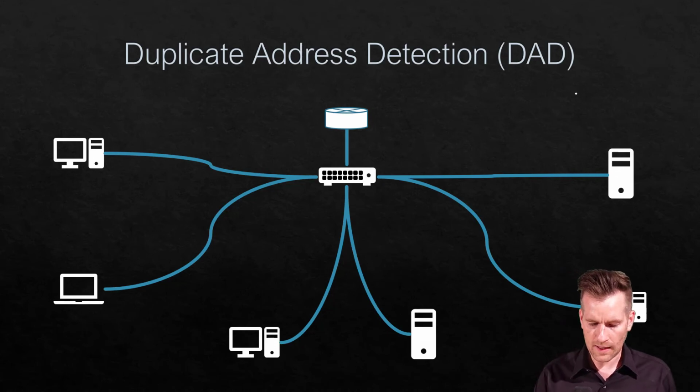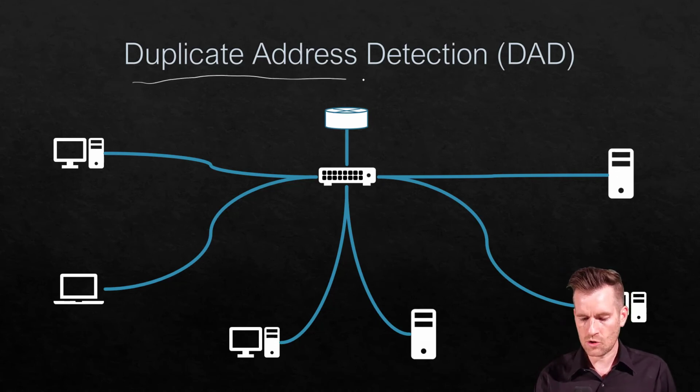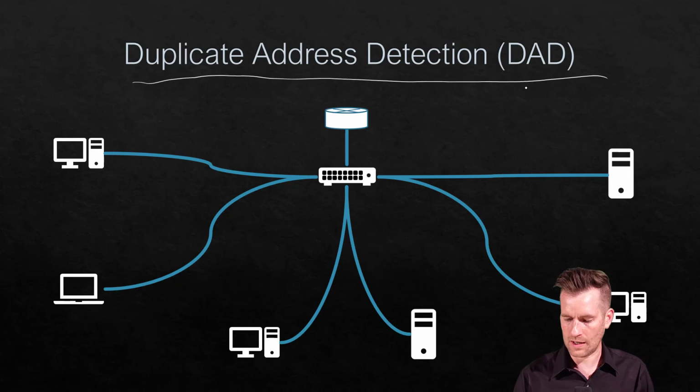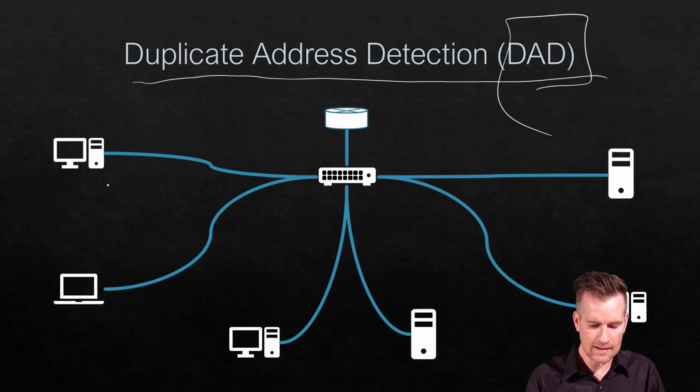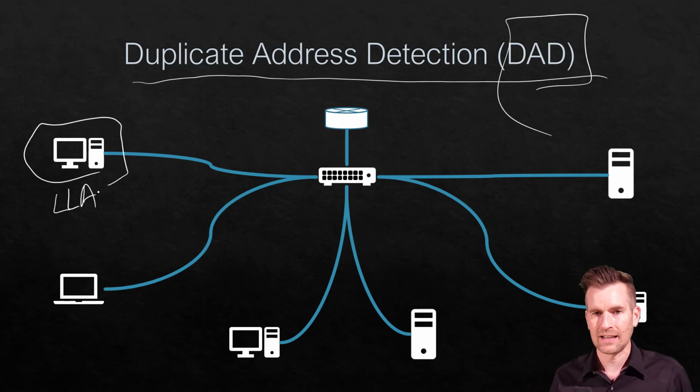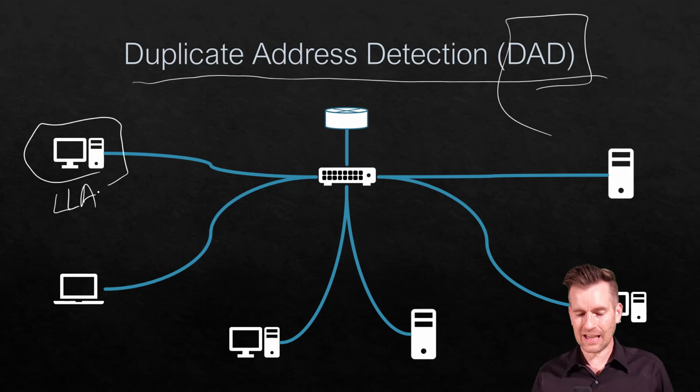And so that's what this process does, the duplicate address detection, or DAD. The duplicate address detection is a way for a device to come up with its link local address without consulting anything else on the network.